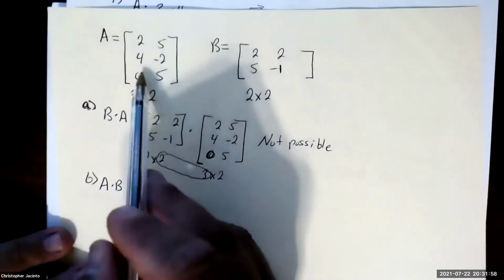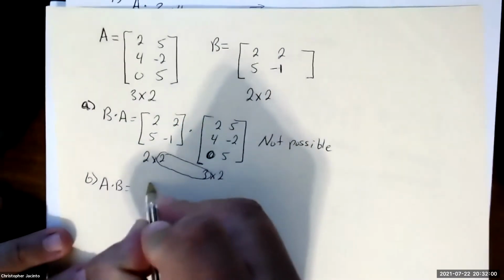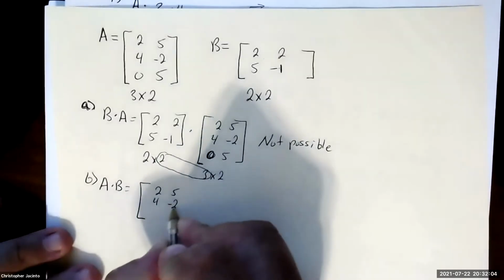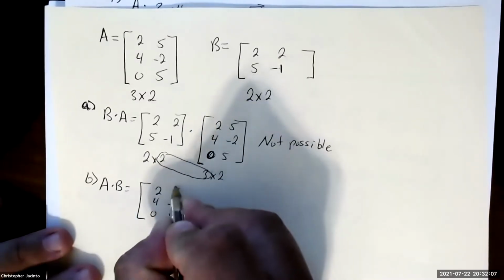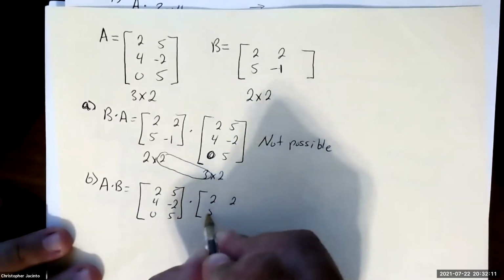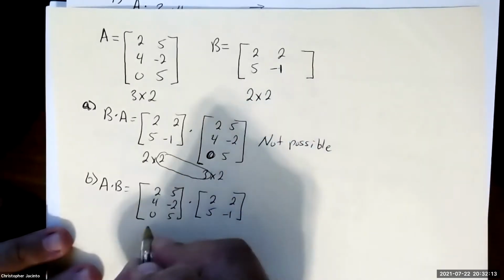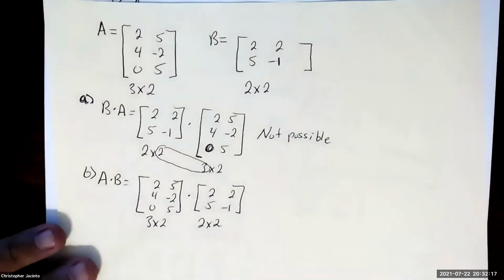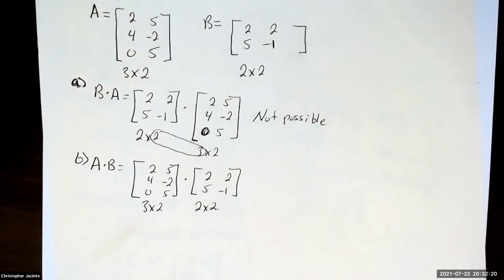So this way is this times that. So I'll just rewrite this. This is 2, 5, 4, 5. This is a 3 by 2, and this is a 2 by 2. So what about this way? Is this possible?